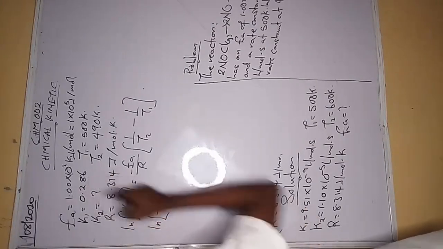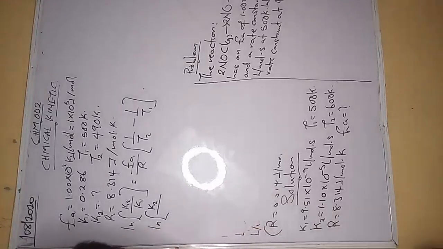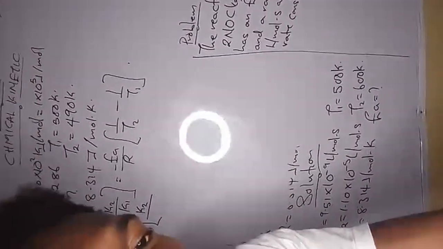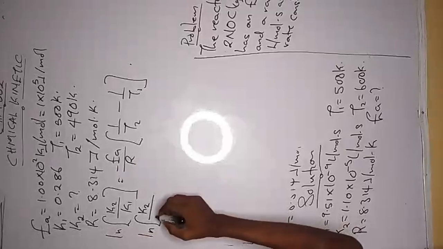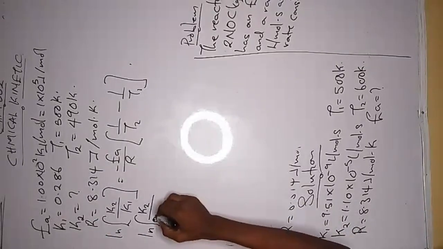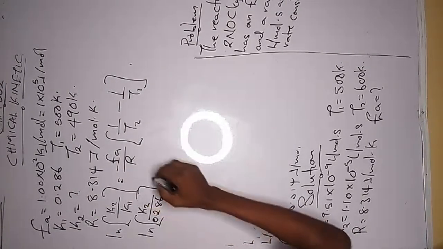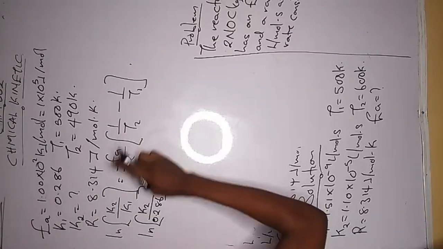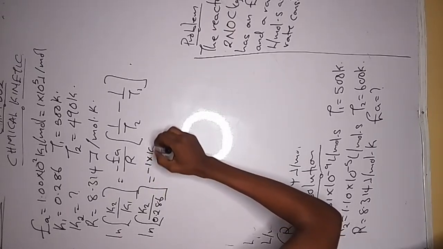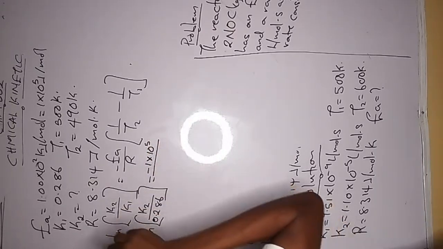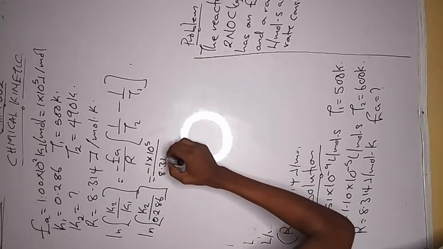Our K1 has been given to us as 0.286. That's ln(K2 over 0.286) equals minus EA, that's minus 1 times 10 raised to power 5, divided by our R, which is 8.314.